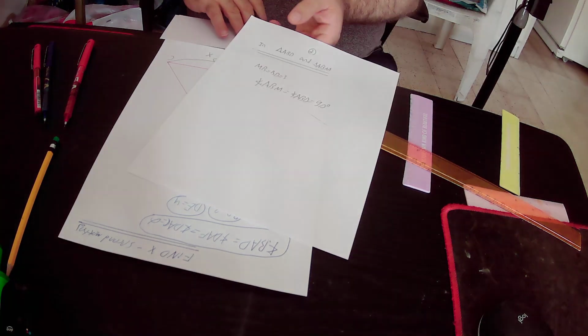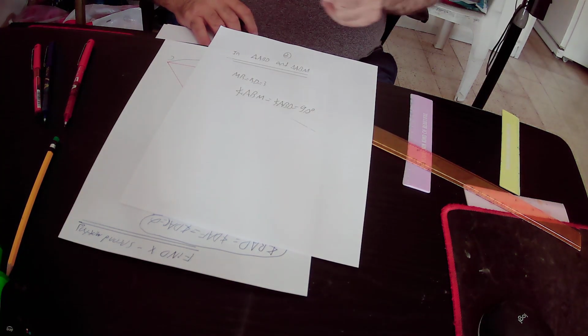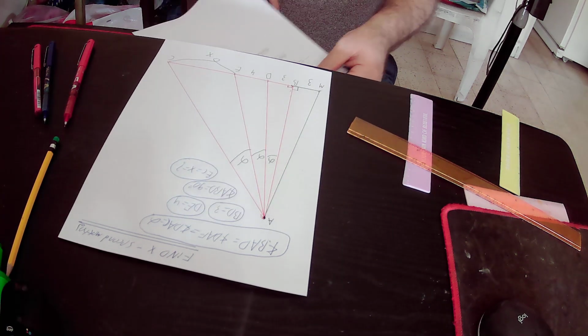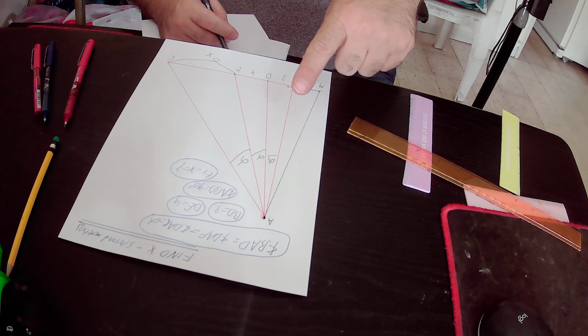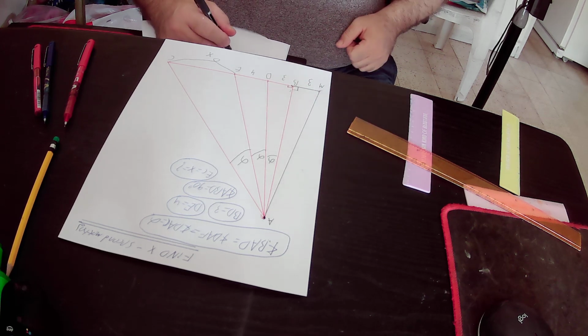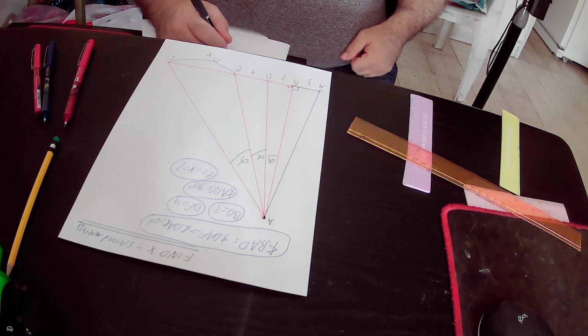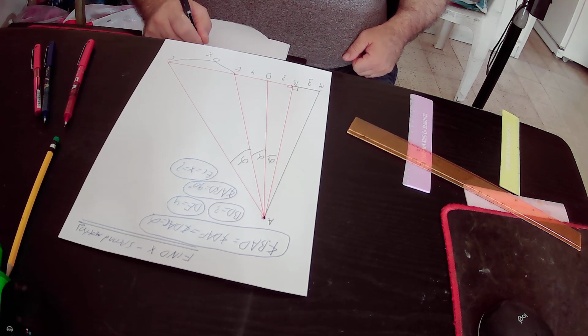And we also know that AB is a common side, so AB equals to AB. It belongs to both triangles.